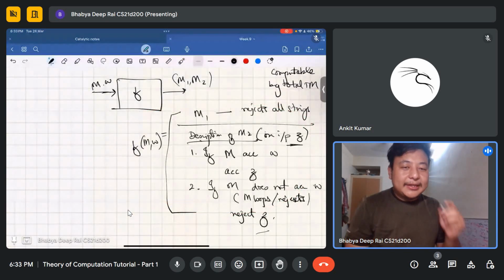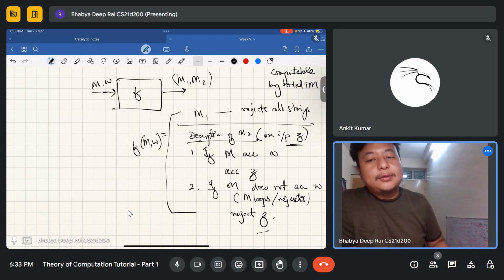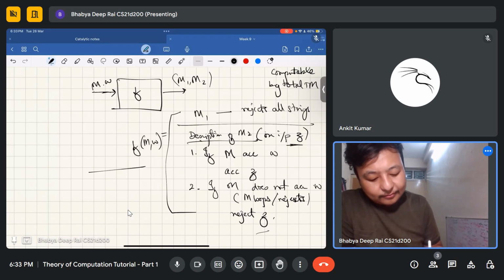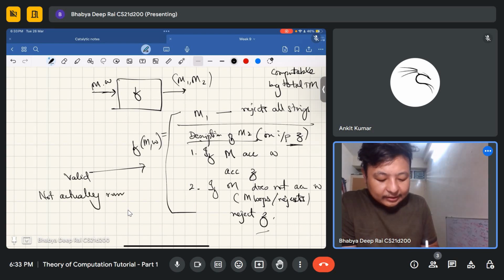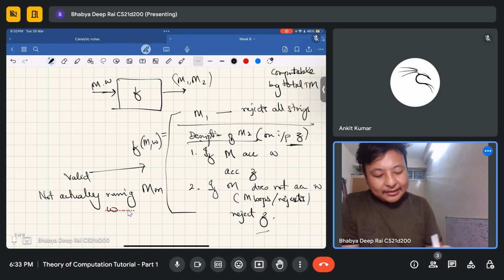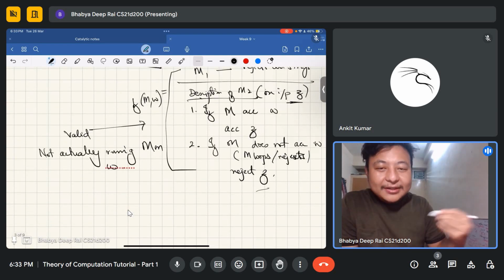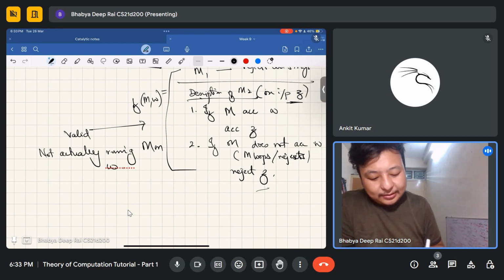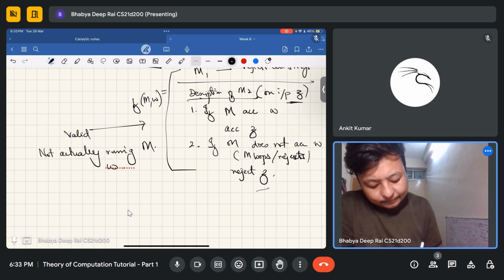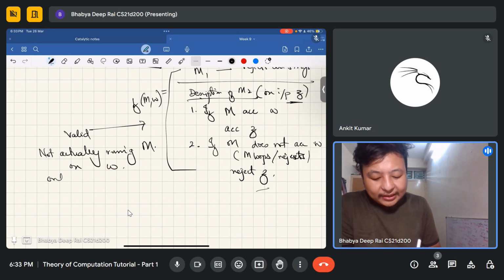The answer is that it is a valid reduction, because we are not actually running M on w. We are only giving the description. We are just writing it on paper, writing it on the tape. We are not actually running it.